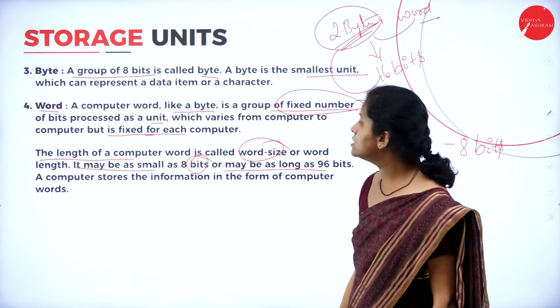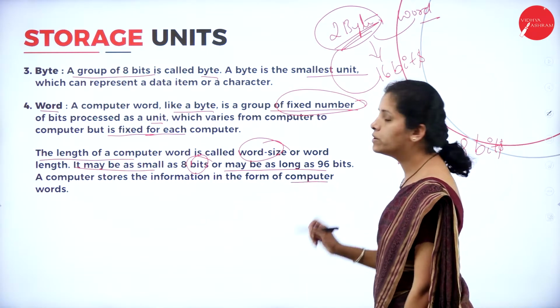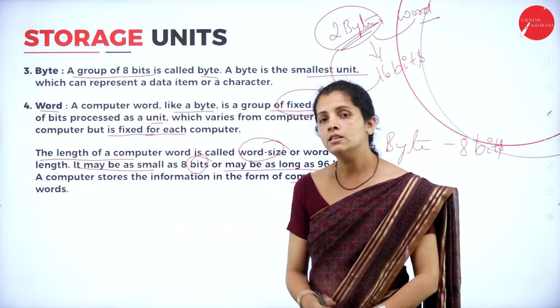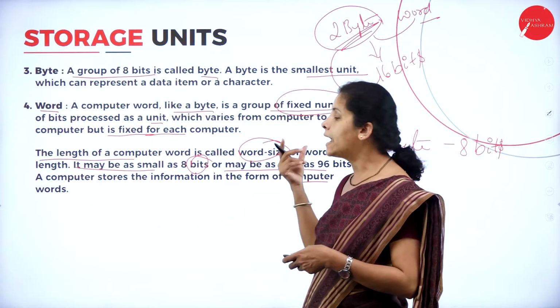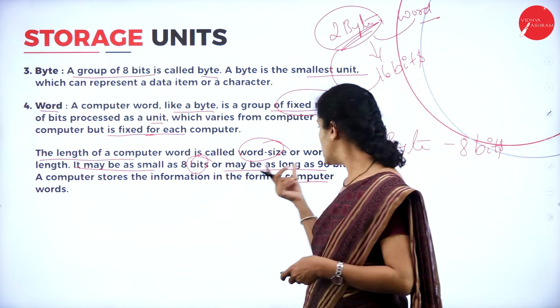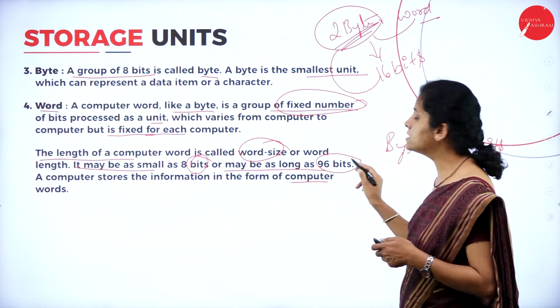A computer stores the information in the form of computer words. So when I talk about words, the smallest word length is 8 bits or 1 byte, and the largest size here is 96 bits.